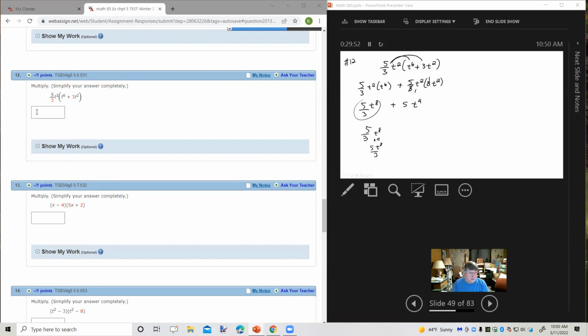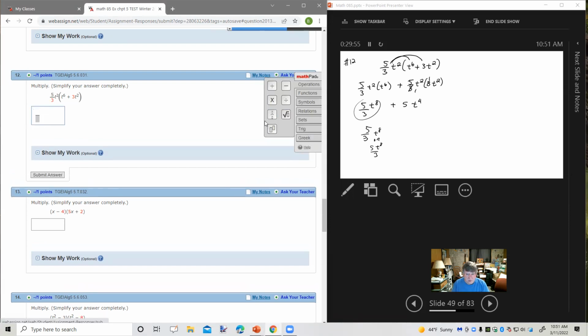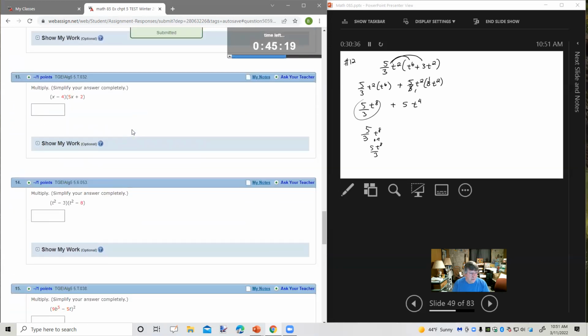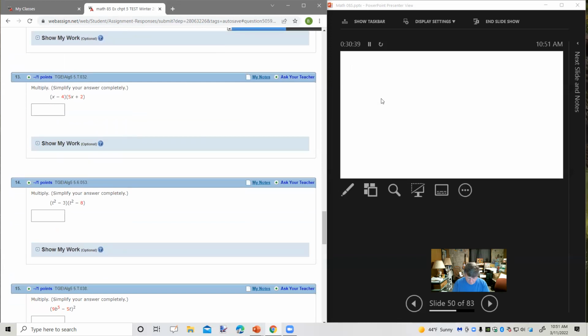So we've got a fraction, 5/3, and I've got to click on it to move the cursor back to the middle there, and then t raised to the 8th power, and then plus 5t to the 4th power. Okay. Number 13 coming up.